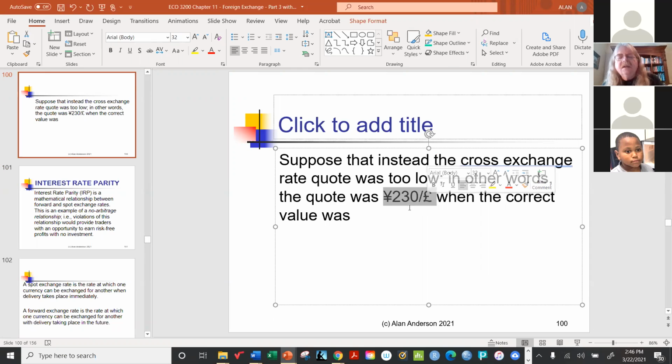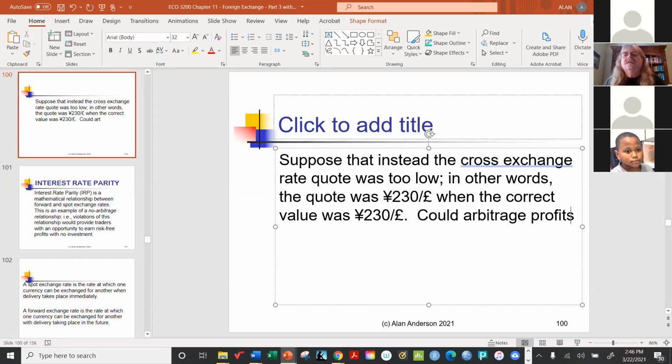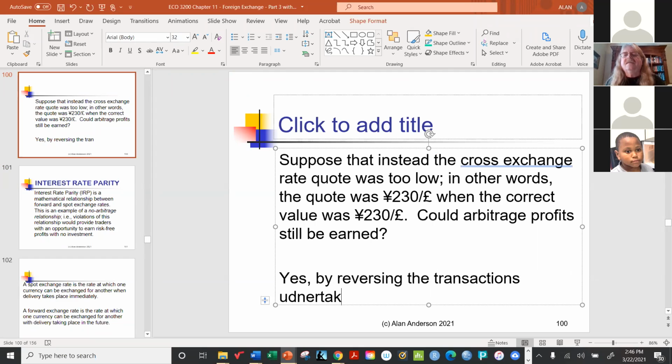The correct value, meaning the value implied by combining the yen-dollar and the pound-dollar exchange rates. Could arbitrage profits still be earned? The answer is yes, by reversing the transactions undertaken in the first example.